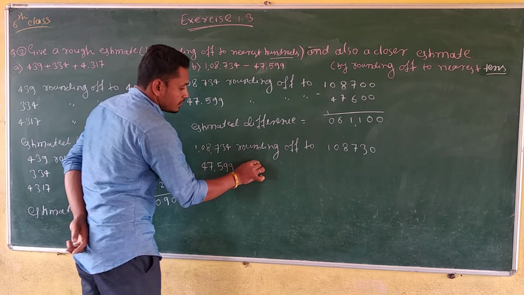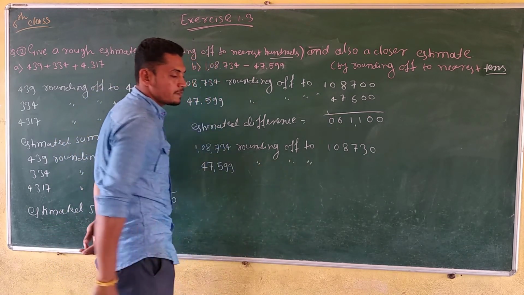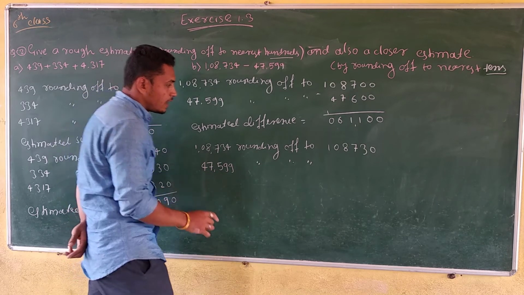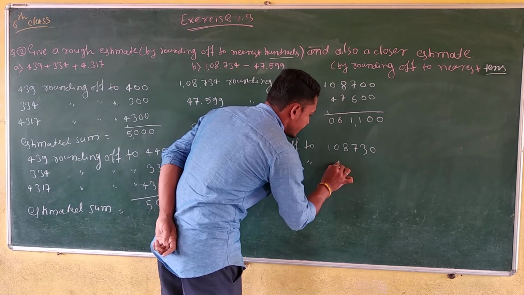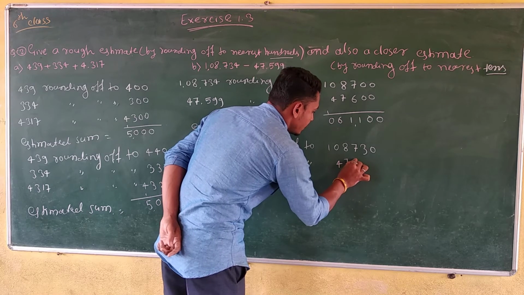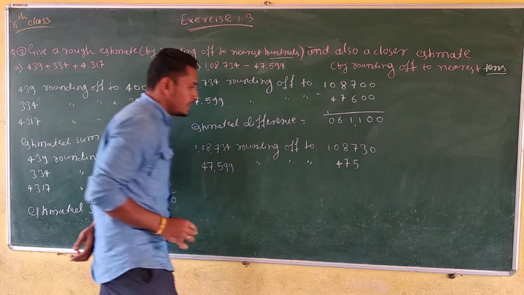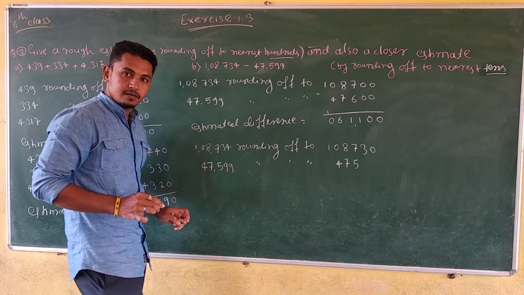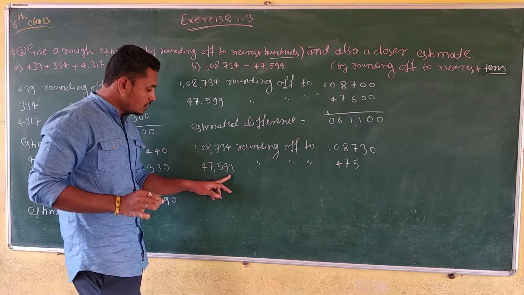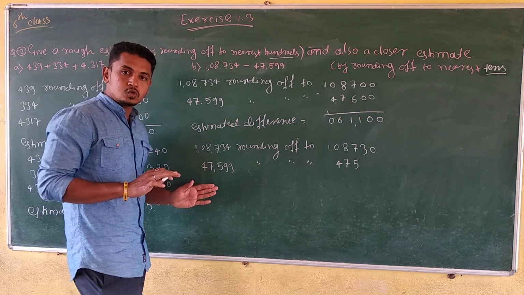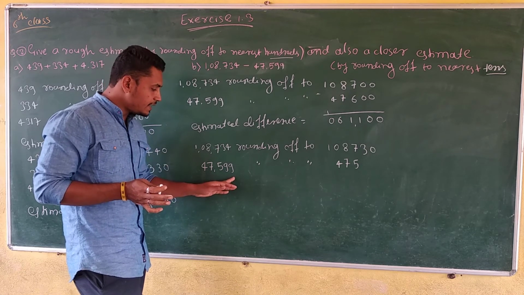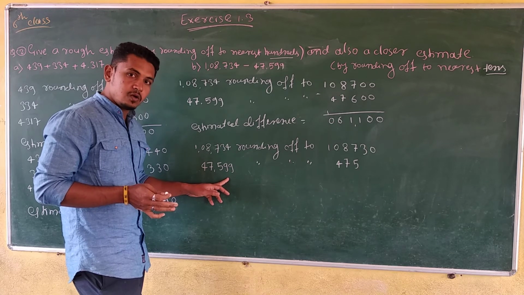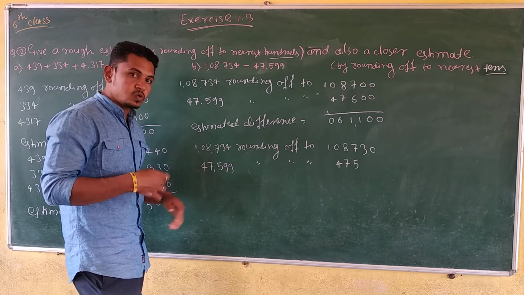Next, see here, 47,599. Rounding up to tens, till the hundreds place you have to write as it is, so 47 and 5. Now we have to discuss only the 99. 9 is nearest to 10, so our tens place value becomes the one right after 9.